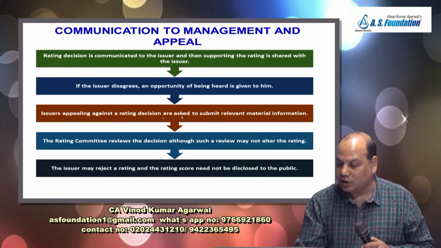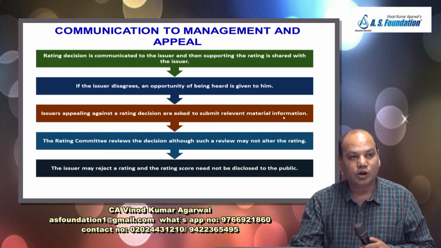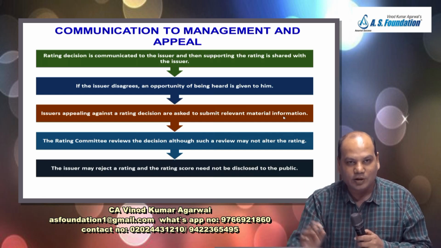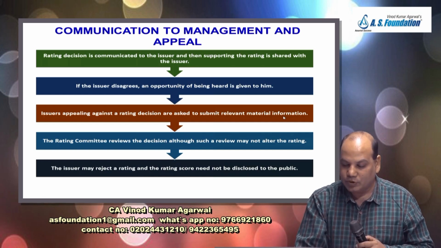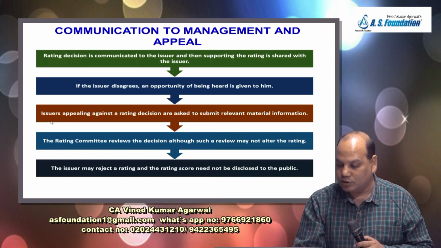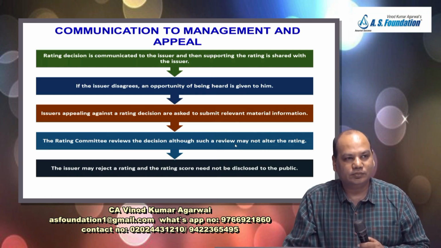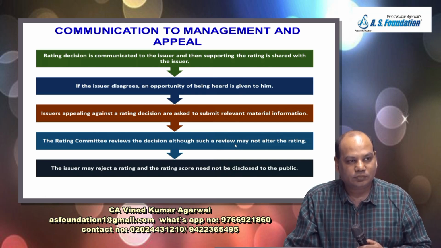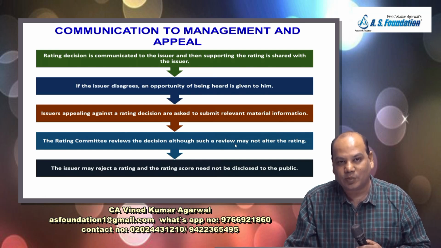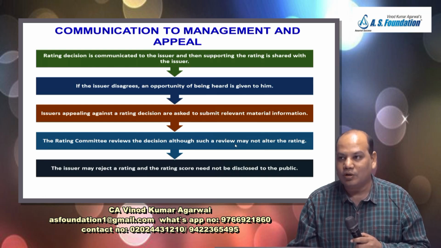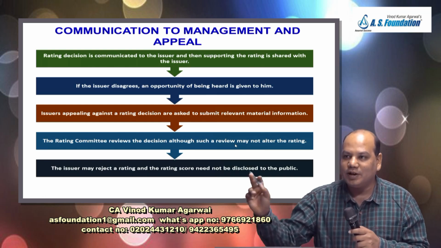Company says, no, we don't agree with your rating. Okay, then you submit what information you want to submit so that we may rethink about our rating. Management will give them more information. The rating committee reviews the decision, although such a review may not alter the rating. May or may not. After going through the additional information, rating agency may or may not revise the rating already given.